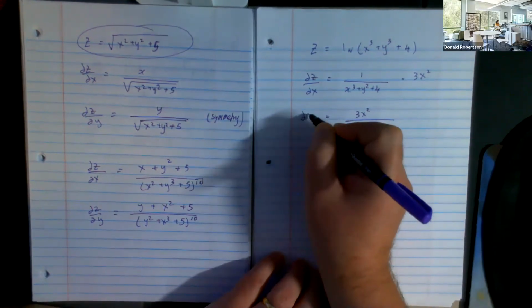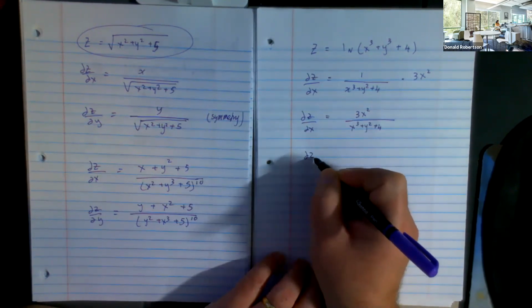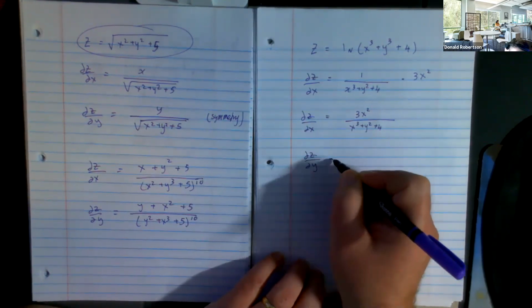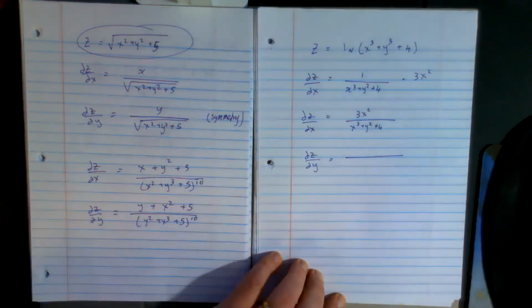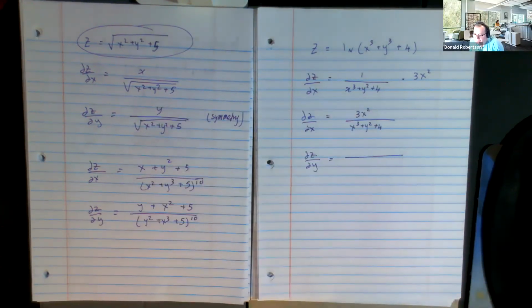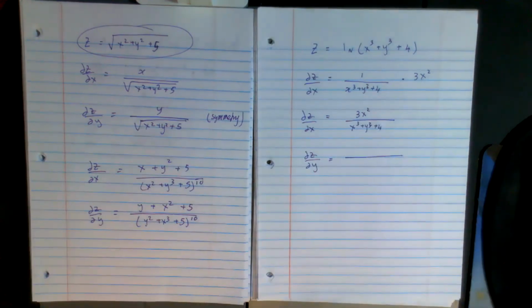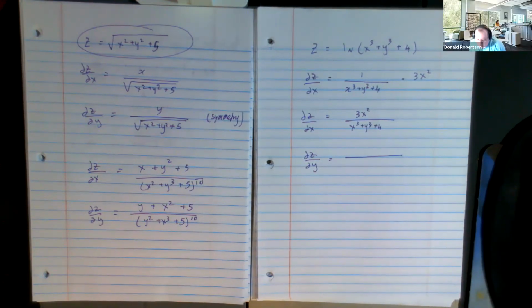But there's our answer. So if you want to find the partial derivative with respect to y, you should be able to use this to get that. Great. And for some reason, I lost a 3 there. There we go. So what's the answer?